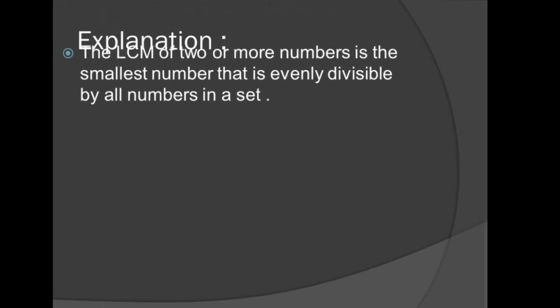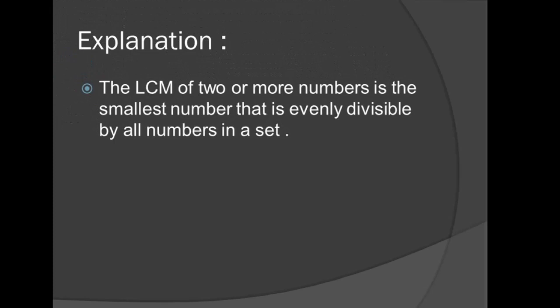Now let's move on to the actual topic. As we were talking about the LCM, here is a brief explanation of what LCM basically is. The LCM of two or more numbers: whenever we talk about LCM, it is based on two or more numbers.